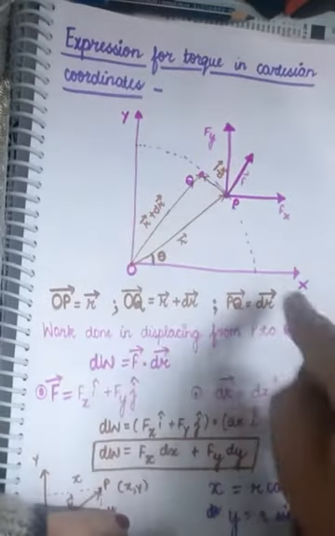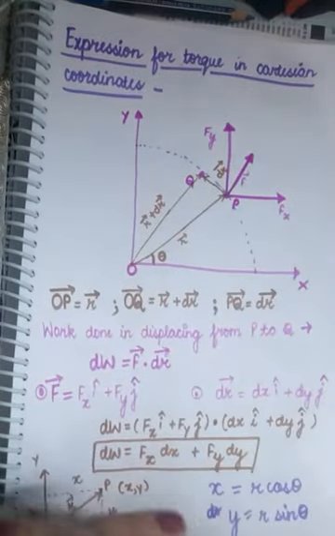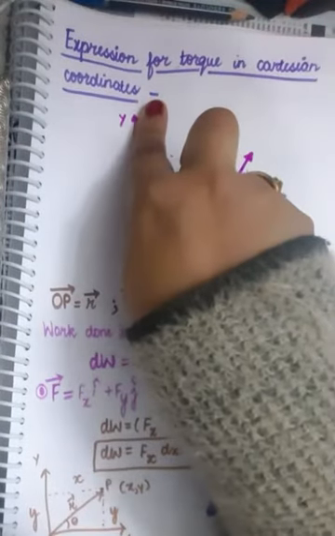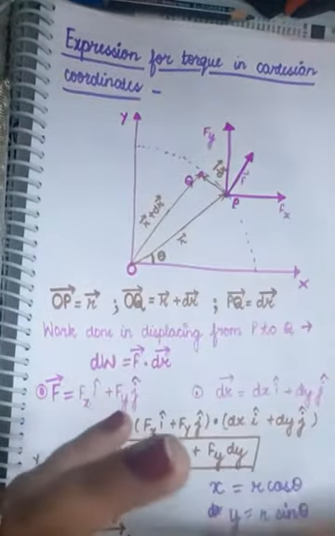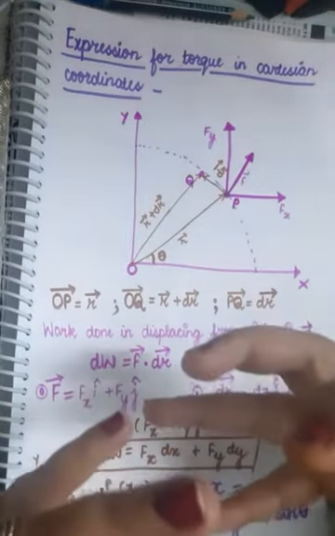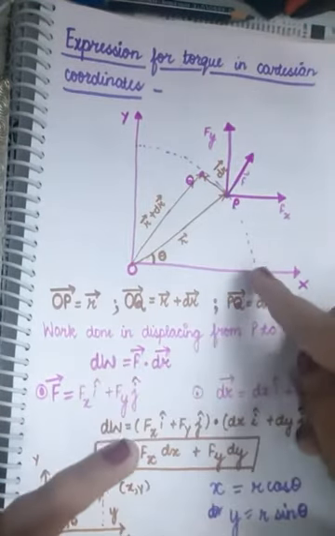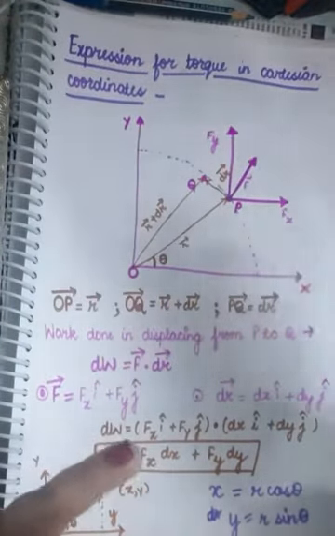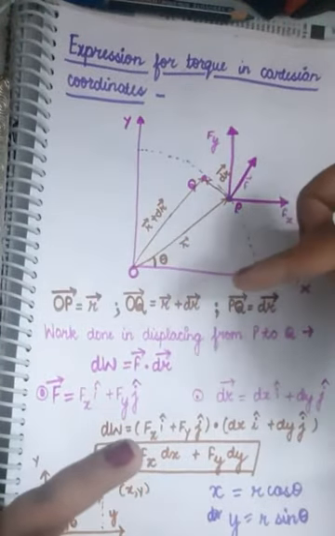Suppose this is the coordinate axis, so this is the x-axis, this is the y-axis, and a particle or an object is undergoing rotational motion. It's a kind of arc that I have shown you here. It's undergoing rotational motion in the xy plane.